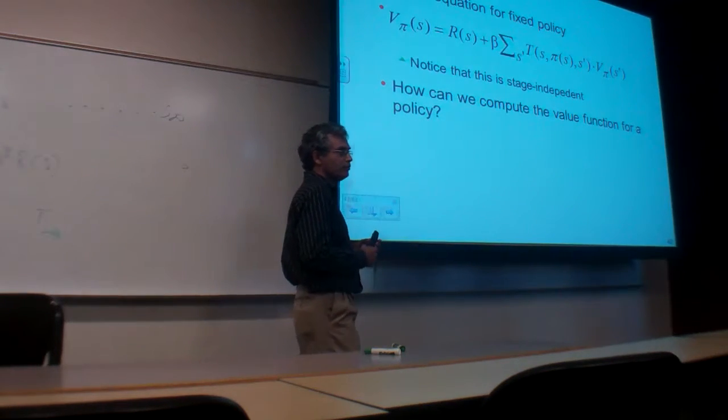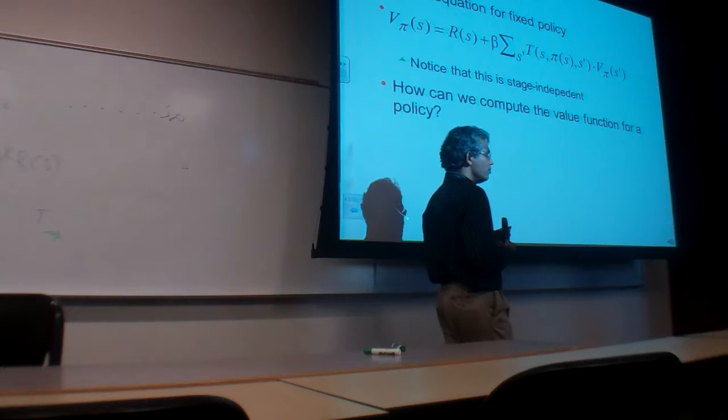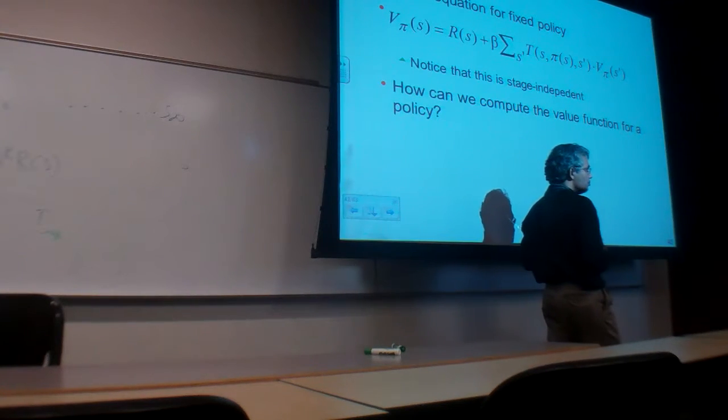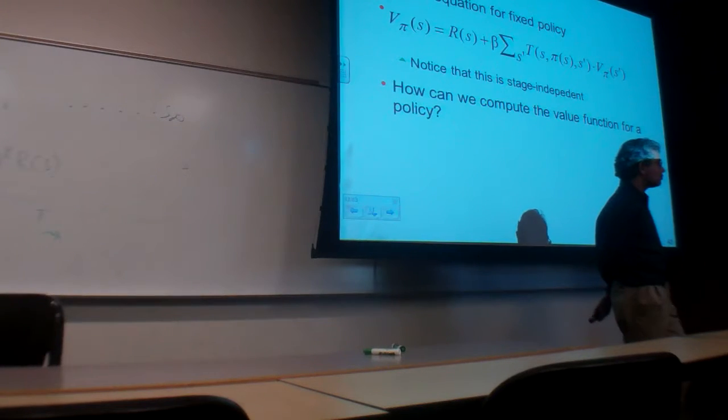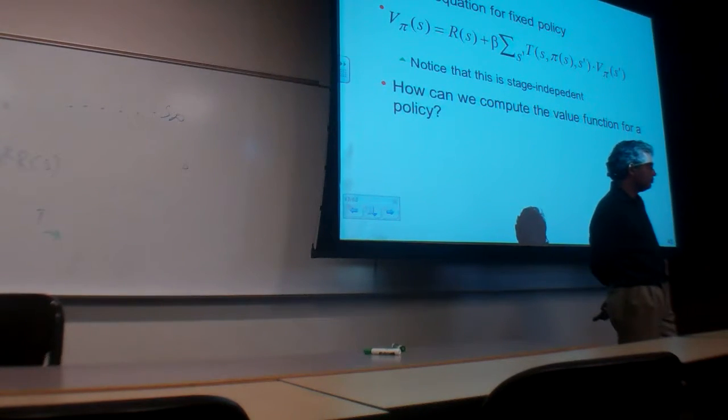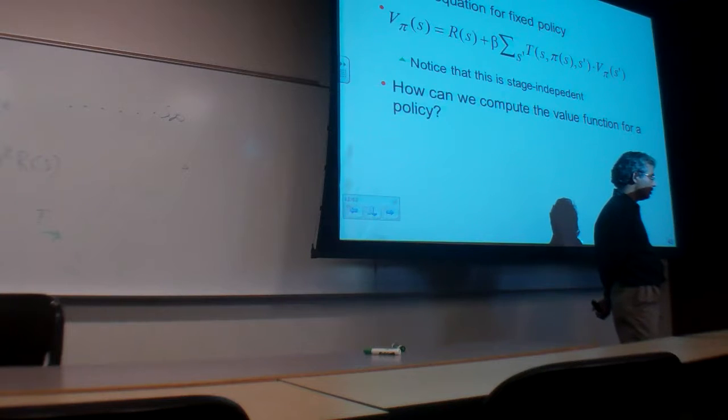Yes? If the dynamics are stationary, then we cannot use a discounting factor? Why? Because we're assuming cumulative. I'm talking just about stationary. But if the dynamics do not change, then in infinite horizon.